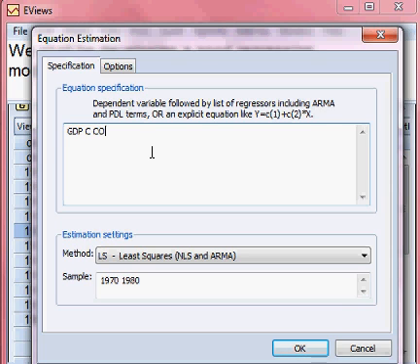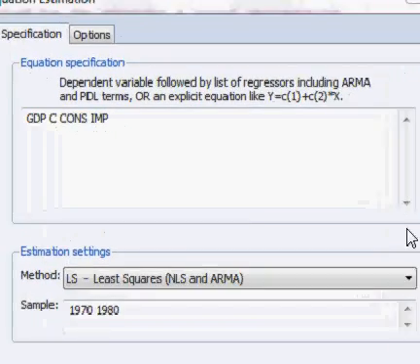One is consumption and the second one is import. So that is our model to be built.